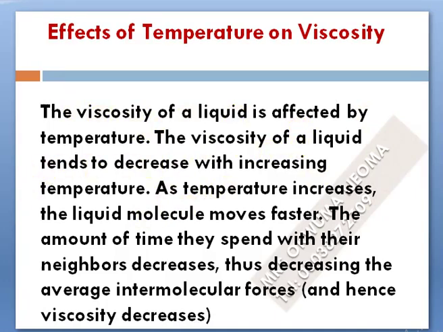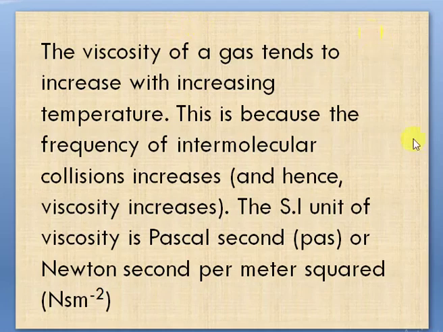So let's see. We say that the SI unit of viscosity is what? Viscosity is measured in Pascal seconds. Pascal what? Seconds, or Newton seconds per meter square. Take note, the SI unit of viscosity is Pascal seconds.